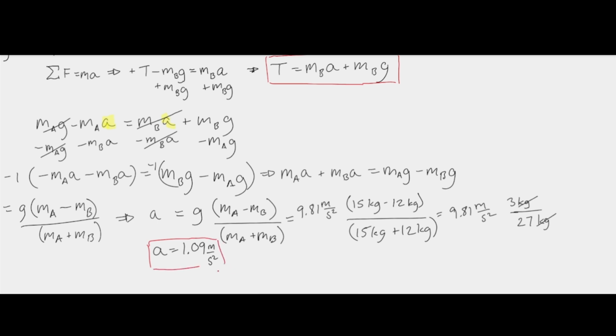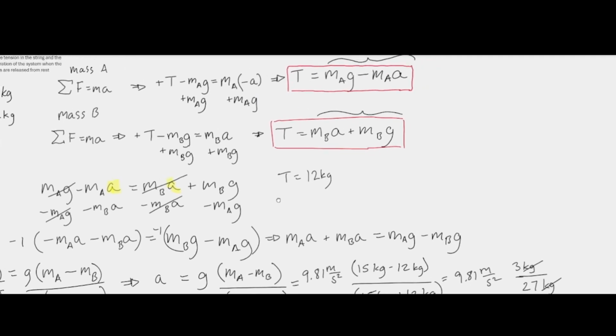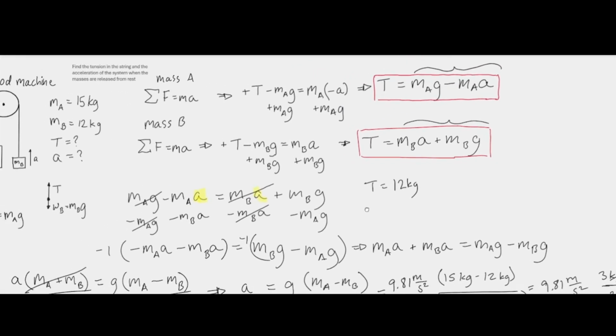And the last thing I'll do quickly here is I'm going to solve for this tension just to show now that we found the acceleration. So the tension is equal to the mass of B was 12 kilograms. And now we know the acceleration.